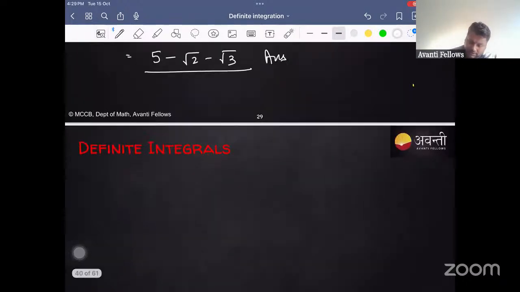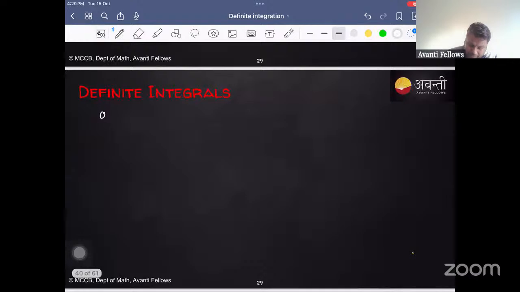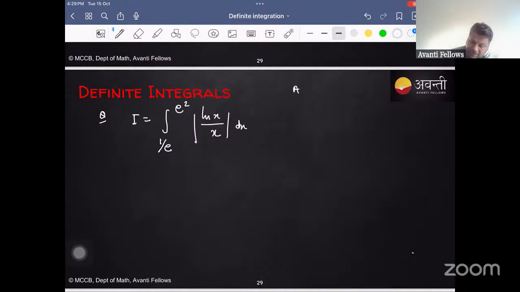Well, let's start with the next question. I is the integration from 1 by e to e square of the mod of ln x upon x dx. Options are A: 3 by 2, B: 5 by 2, C: 3, and D: 5.